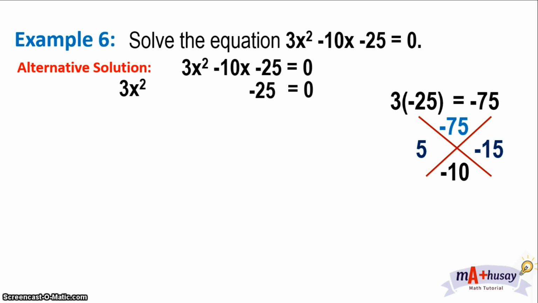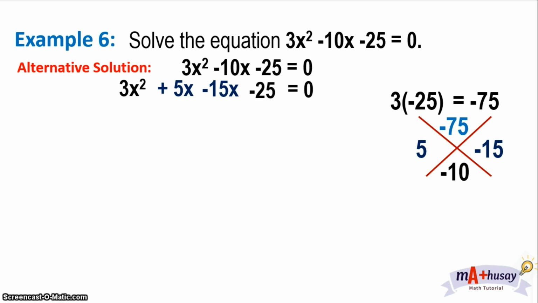So, again, yung factors ni negative 75, ay i-add natin sa middle term. So, we have 5x and negative 15x. Kung titignan natin, yung negative 15x at positive 5x ay pareho lang sa negative 10x. So, kumbaga, sineparate lang natin.